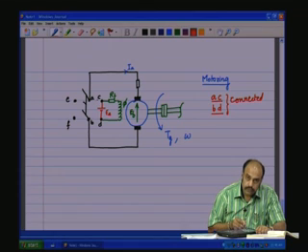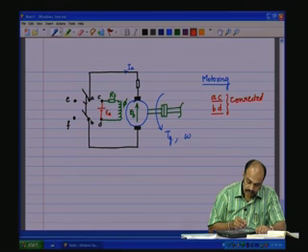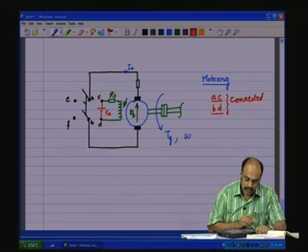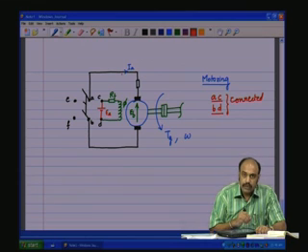Now, if we open this switch, that is disconnecting this switch such that A and C are open, B and D are open. Under such condition, there is no IA flowing, which means IA is equal to 0.